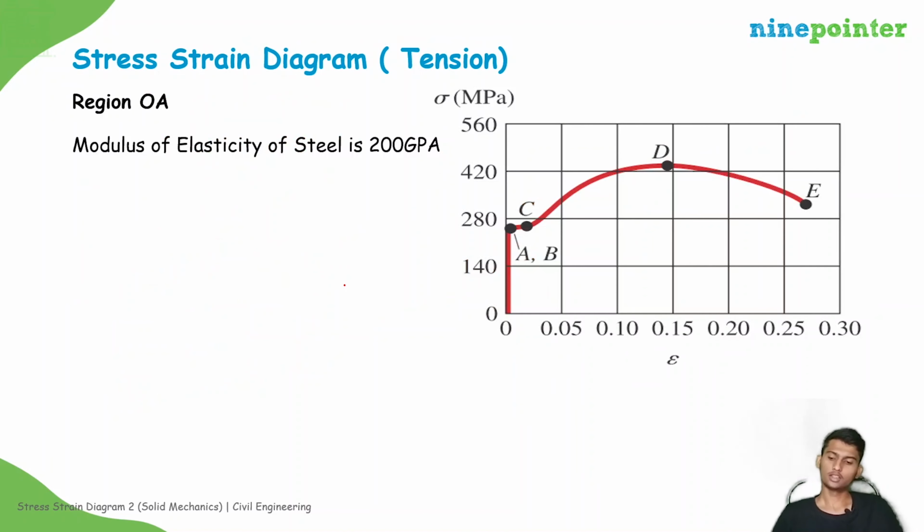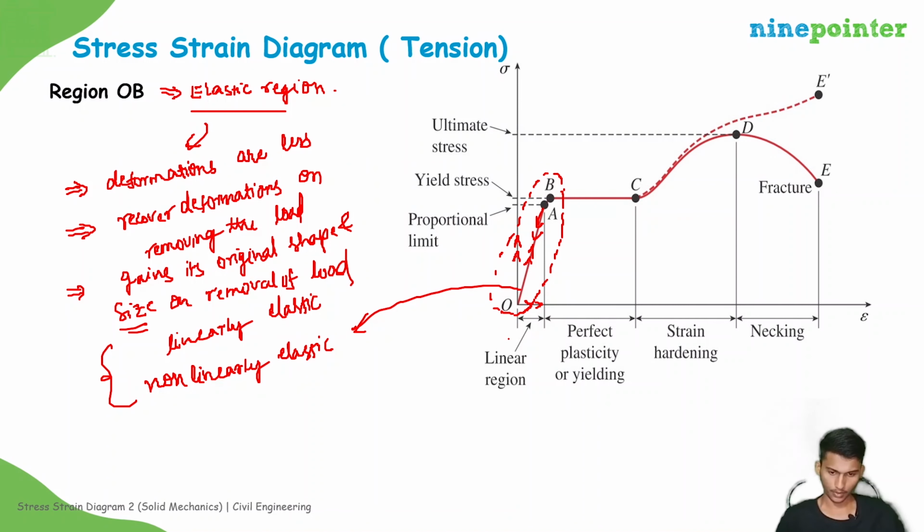So now let us discuss region OA. In the region OA, we know that O to B is the elastic region. In that, OA is linearly elastic, meaning this part OA is linearly elastic and AB is non-linearly elastic.